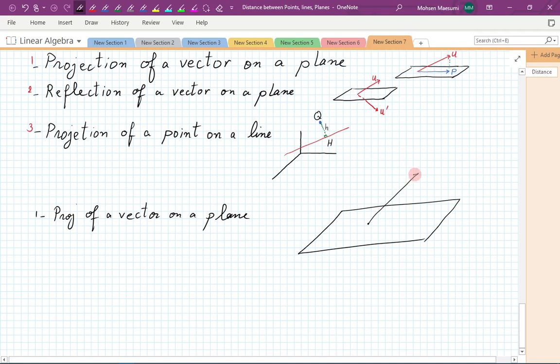So this is the vector u. We are dropping a perpendicular from this end, so this is perpendicular to our plane. Beginning of a vector, we have moved it on the plane itself, so the projection is going to be this. Let's call this one vector P.